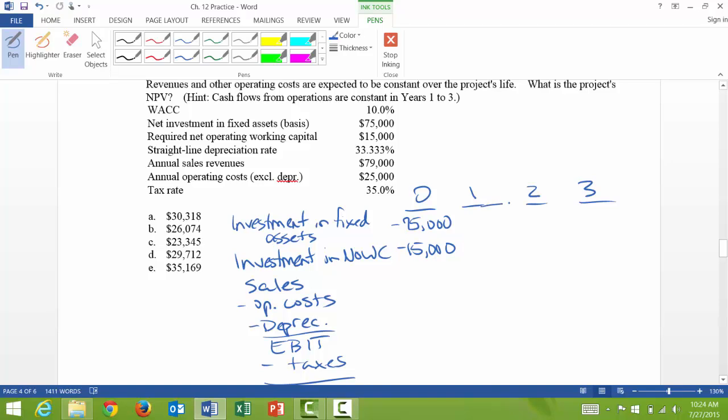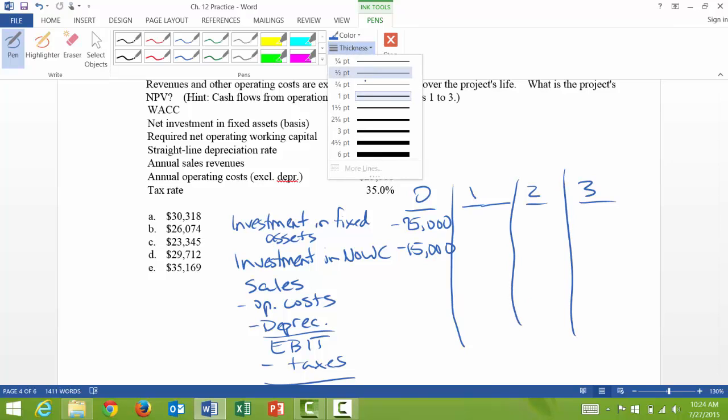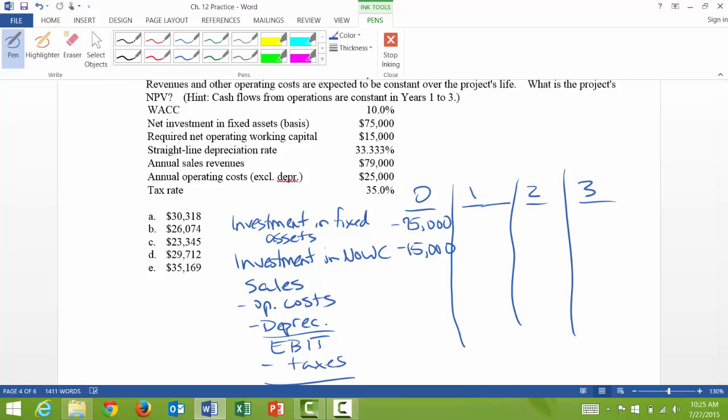Then, maybe I should draw a line for each of these spots. So then at time 1 you'll have sales. Annual sales revenues are right here, 79 thousand, and that's going to be constant for every year.